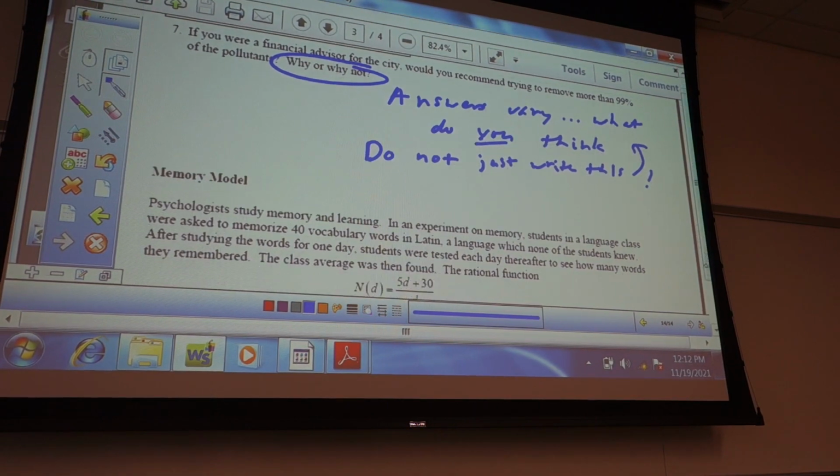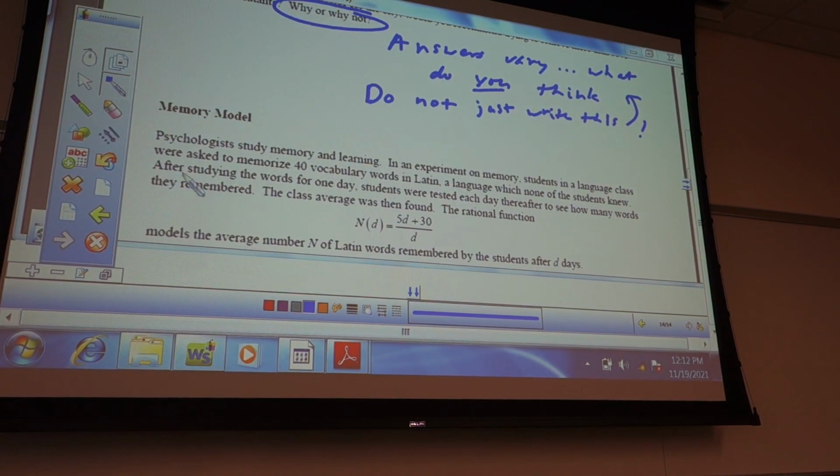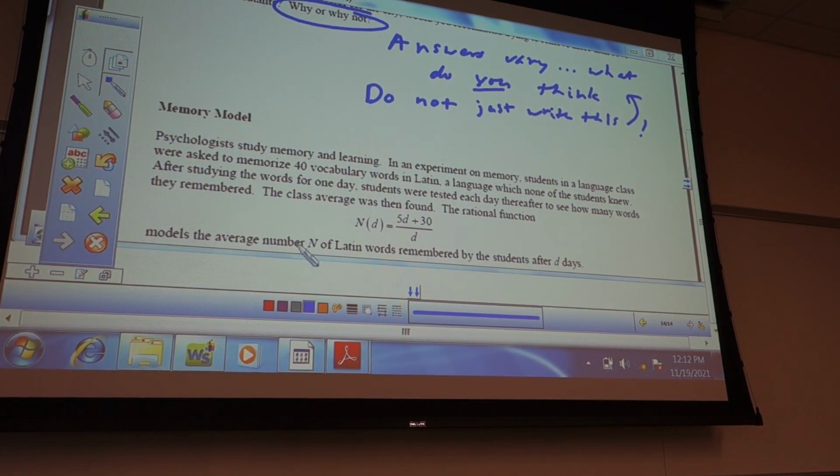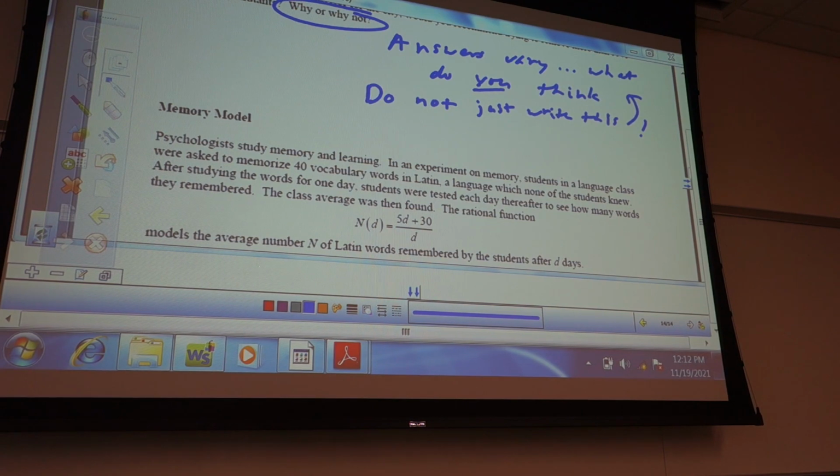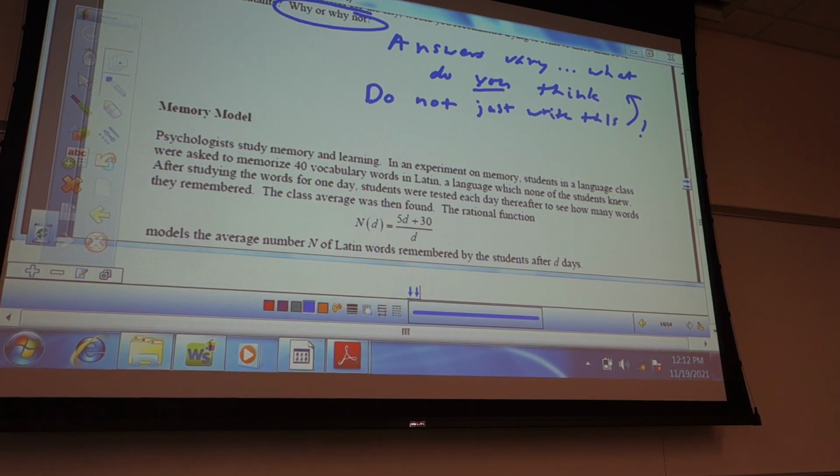All right, so next we'll look at the memory model. Ryan, go ahead and read for me. Psychologists study memory and learning. In an experiment on memory, students in a language class were asked to memorize 40 vocabulary words in Latin, a language which none of the students knew.